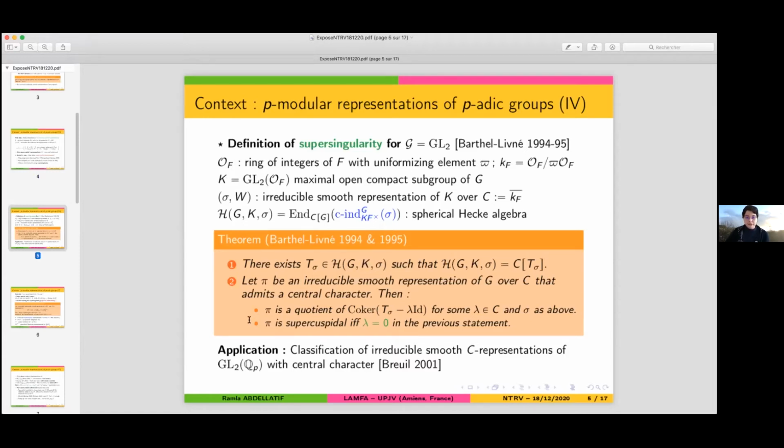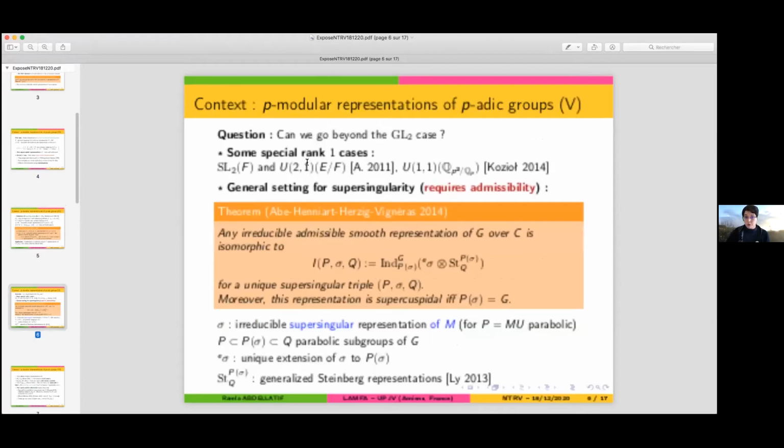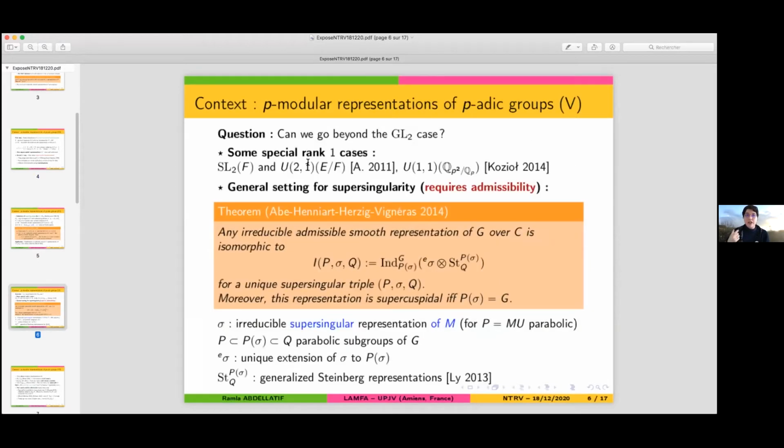And the second point here, the equivalence with supercuspidality, actually shows you that for admissible representations, at least, this does not depend on the choice of K. And for GL2, you say, wow, up to conjugacy, there's just one such K. But for groups like U(2,1), for instance, even up to conjugacy in GL3(E), there are several conjugacy classes. So it's really a strong thing to say that it does not depend on the choice of K.